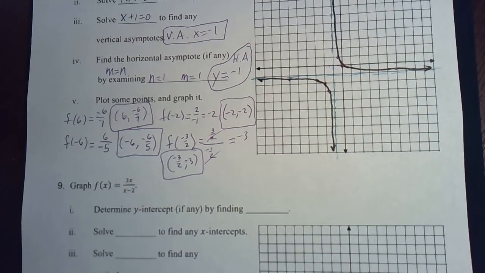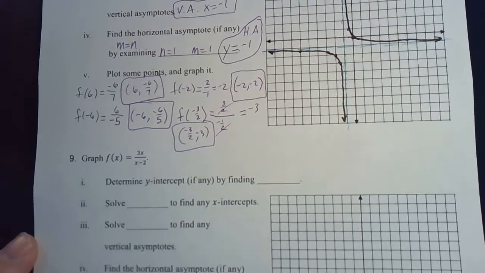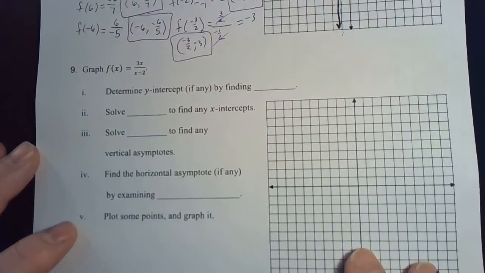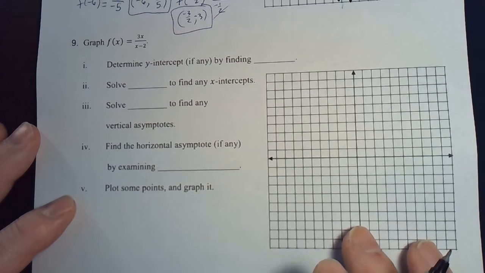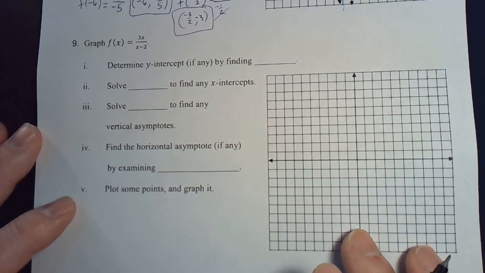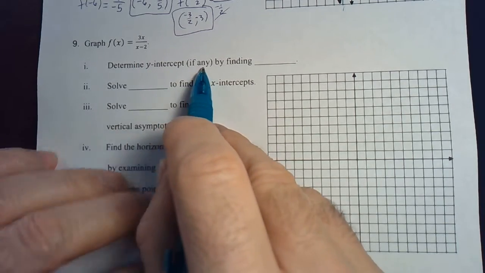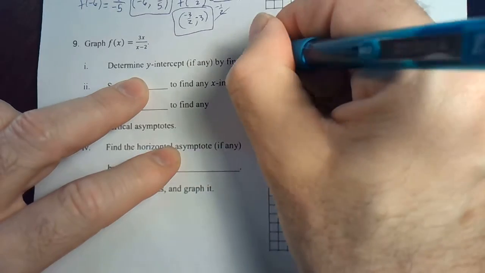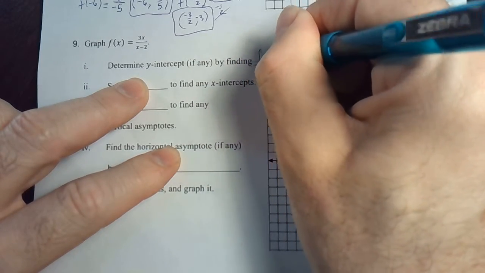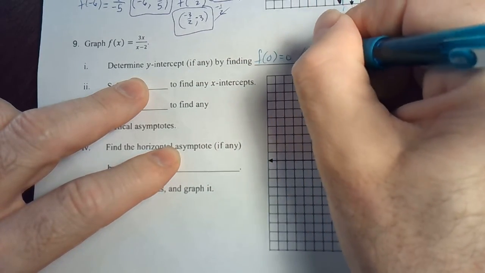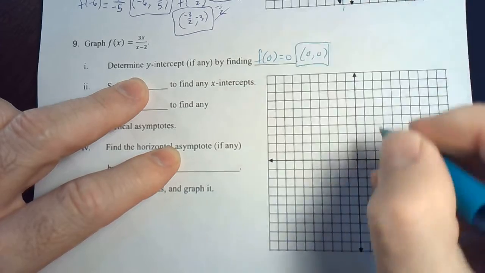Okay, let's now look at the second example, the last example of this video. 3x over x minus 2 is what the rational function is. Okay, so determine the y-intercept by finding f of 0, which is 0. So we get the origin.